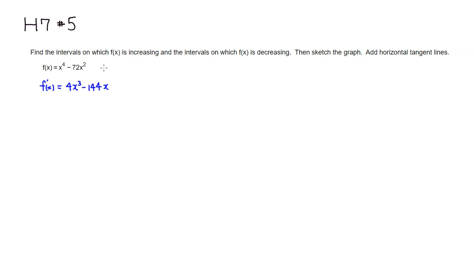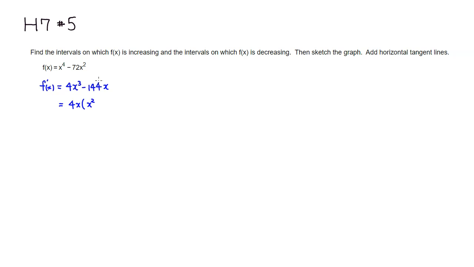Then I'm going to factor this out. 144 has a 4 in it, so I'm going to factor out 4. Both terms also have x in them, so I'm going to factor out x. Since we pulled out 4x from 4x cubed, we have x squared left over.